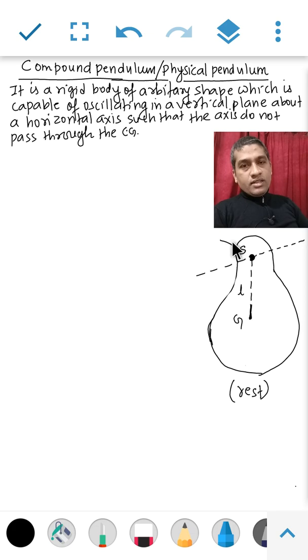Okay, this is the point of suspension, so I am writing point of suspension. Okay, and this is the center of gravity.